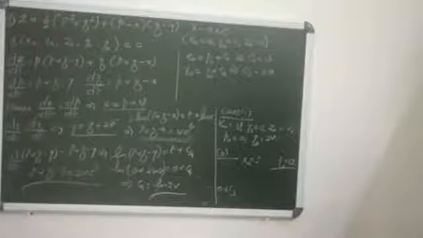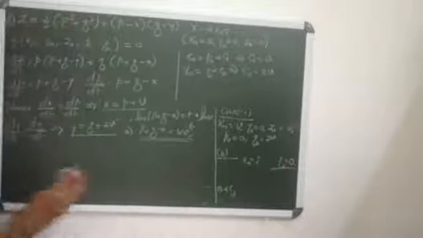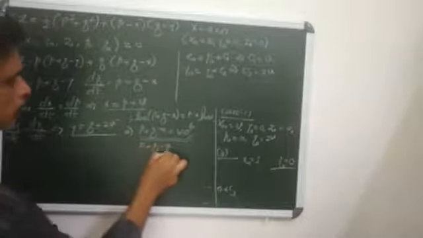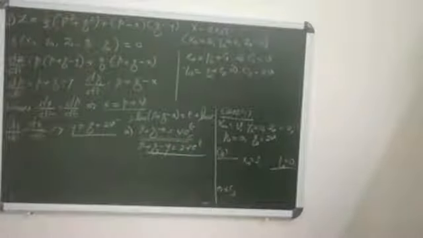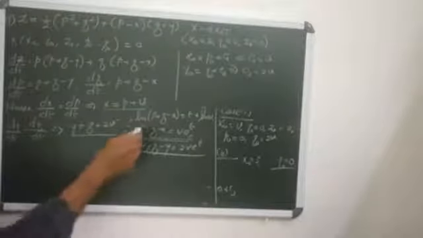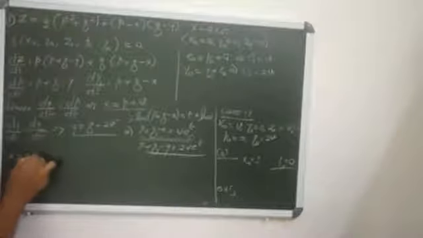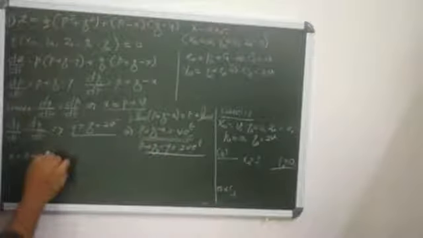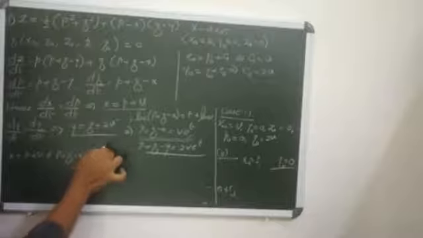Enough. Now consider these values: p plus q minus x is v e power t, and p plus q minus y equals 2v e power t. Clear? Now we can solve this for x and y. X equals p plus v, and p plus q minus x equals v e power t.